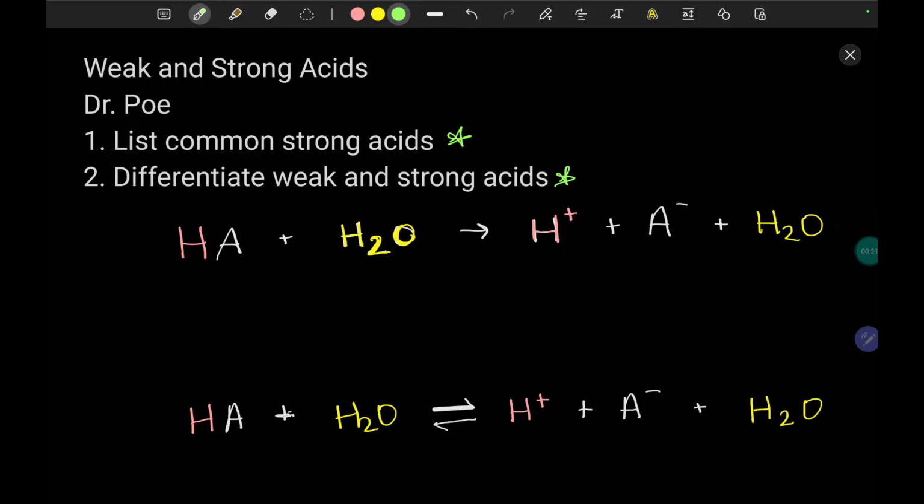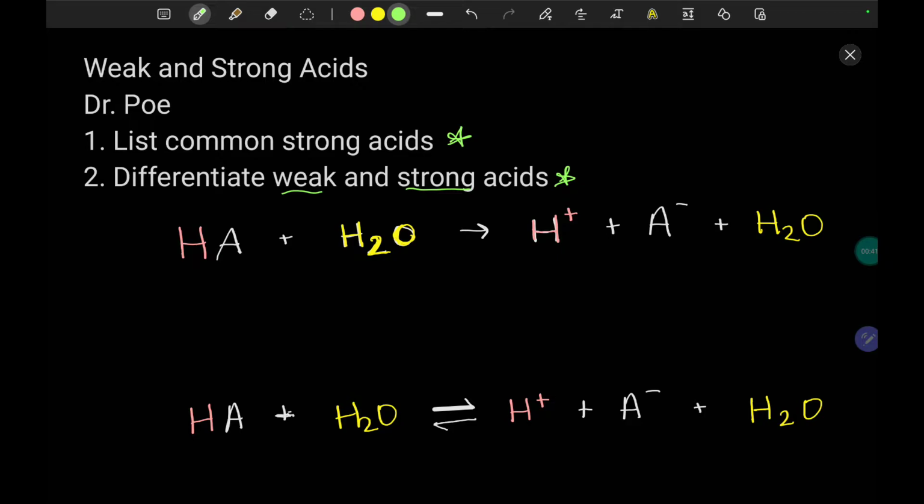Okay, so weak versus strong acids is not necessarily related to their pH. A strong acid does not mean that it's going to have a lower pH. What weak and strong mean in terms of acids is how well it's able to donate a proton.